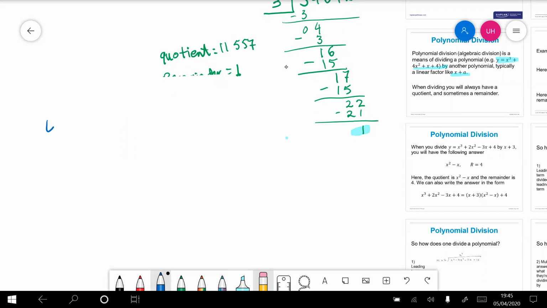Okay, so y equals x cubed plus 2x squared minus 3x plus 4, and divide this by x plus 3. So dividing by x plus 3.